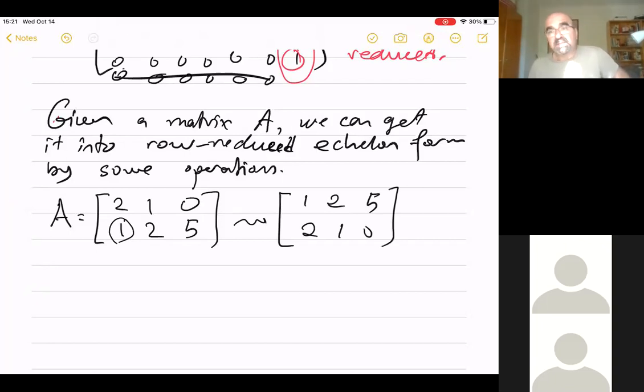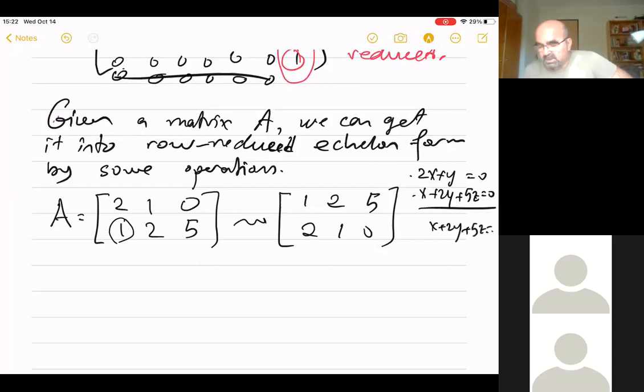The reason, which will be clear later, but let me just give you a hint. If you have equations like 2x plus y is equal to 0, and x plus 2y plus 5z is equal to 0, you can take either the first system or the second system first.